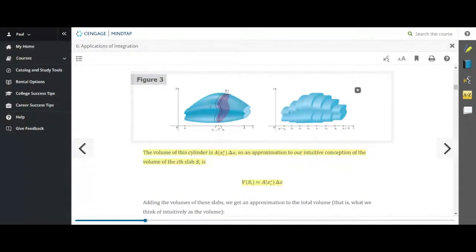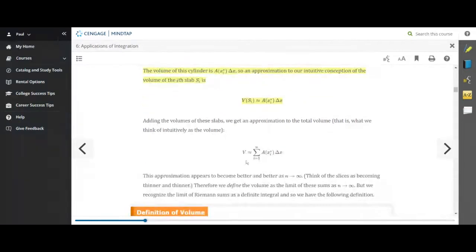The volume of the cylinder or the slab is A of x_i times delta x. That's the volume of the ith slab. If we wanted to approximate the volume of the full solid, we would add up all the volumes of the slabs, and that would be your approximation.